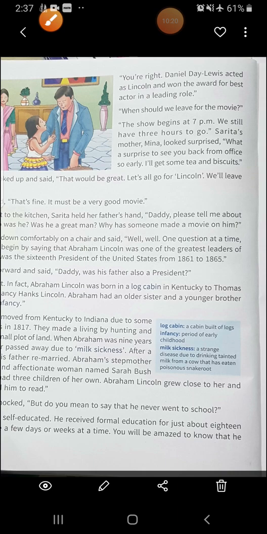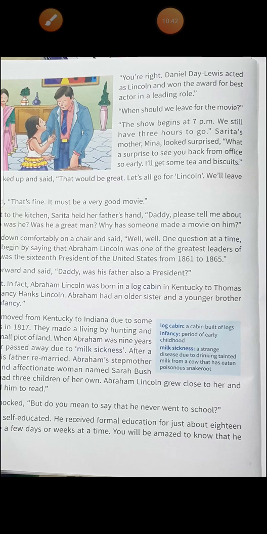So till this part, only Joginder and Sarita were talking to each other. The moment Sarita asked her father at what time we can leave for the movie, her father replied that the show begins at 7 p.m. and we still have 3 hours.